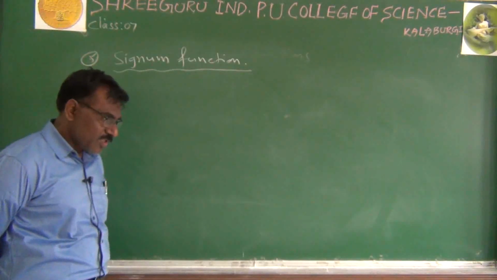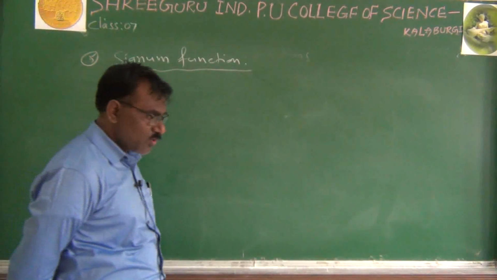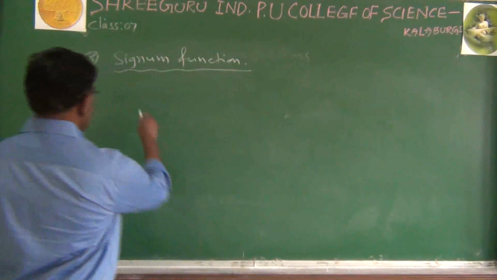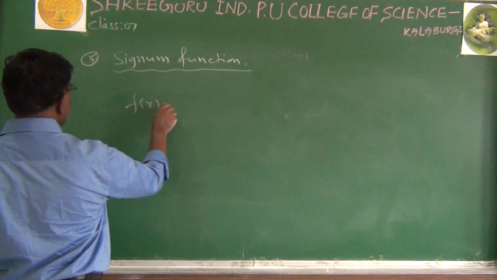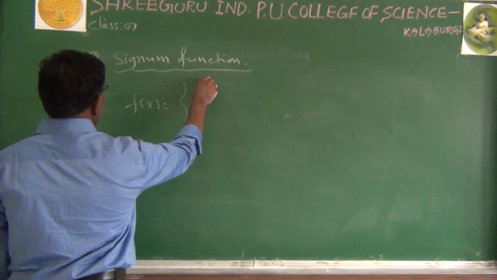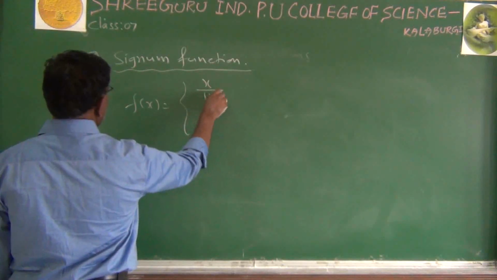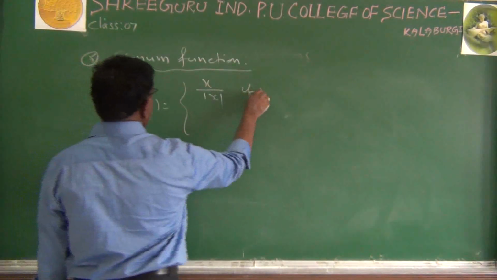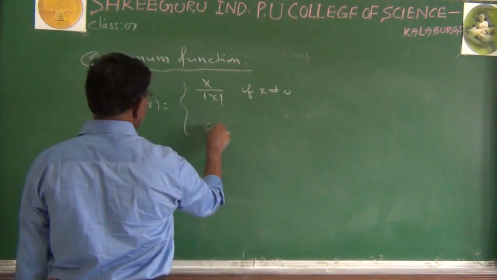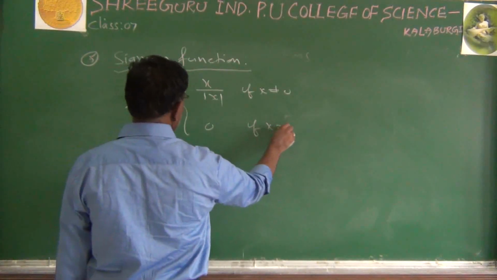What is the signum function? The function f from R to R, f of x equal to x by modulus of x if x not equal to 0, 0 if x equal to 0.